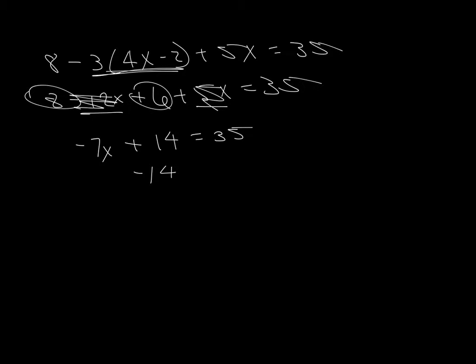So I'm going to subtract 14. 35 minus 14, 21. Going to divide by negative 7. And x equals 21 over 7, which is 3. And because of that negative, we get a negative 3. And that's it. Alright, so next video we're going to just continue on with this lesson.